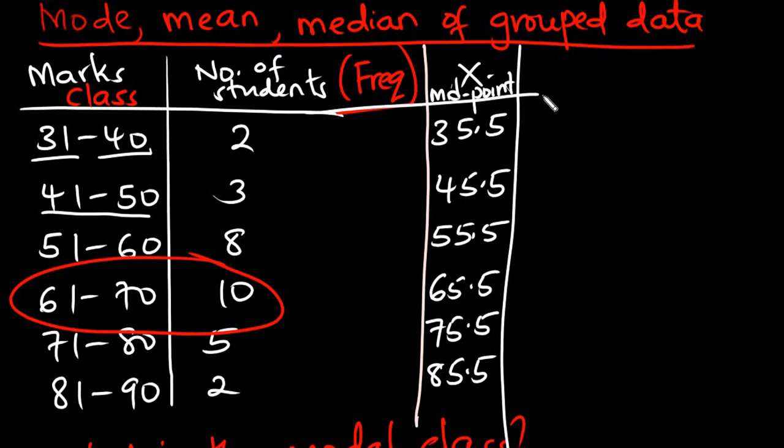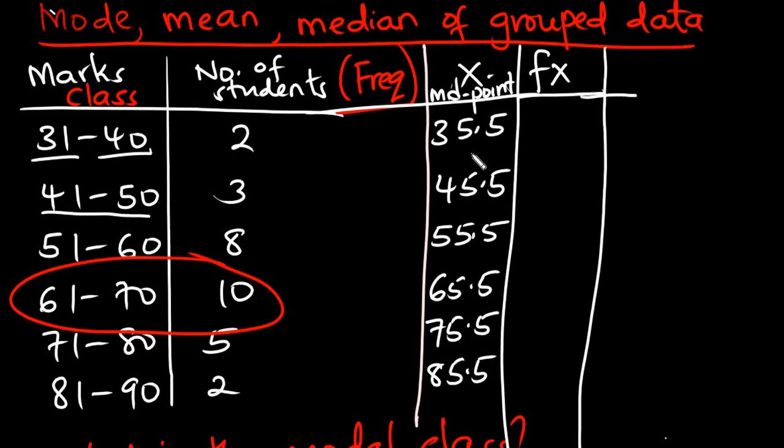This midpoint represents only one item, in this case one student, but there are several students in each class. So let's create another column that we're going to call fx. For each class, we multiply the mark by the number of students in that class.